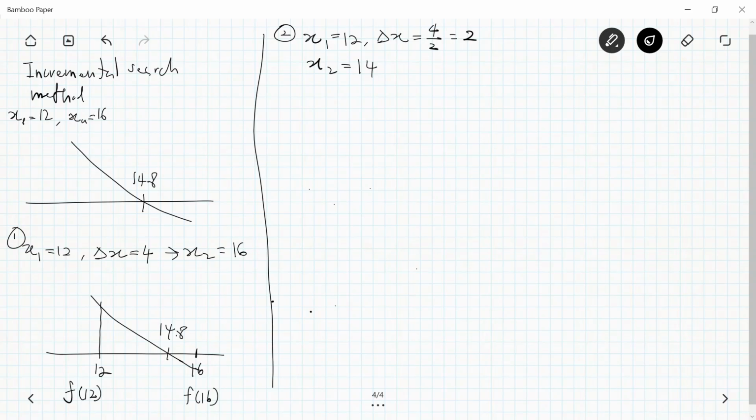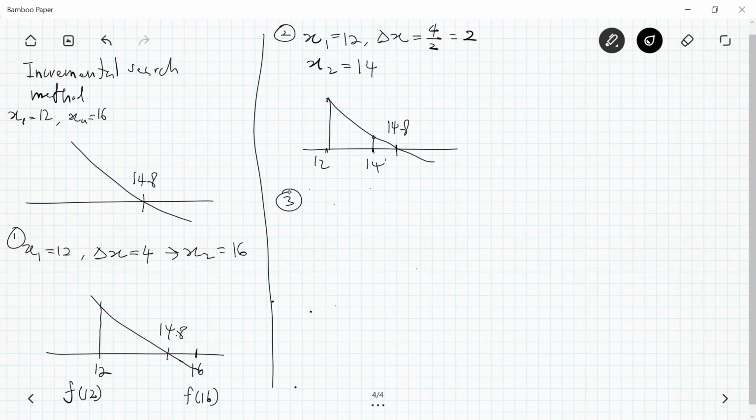So if we draw the curve again, what we have here is, okay, this is 14.8. This is 12 plus delta 2, which is 14. So this is positive, this is positive. So there's no change, right? There's no change. There's no root.